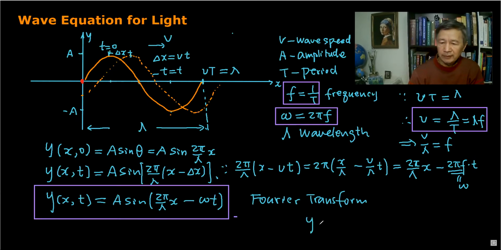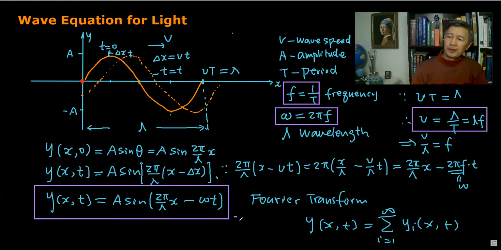So any wave y(x,t) can be written as a sum of different sine waves y_i(x,t) with i from 1 to infinity. That is why we have found the mathematical expression for the sine wave. By using the Fourier transform, we can describe any wave in any form.